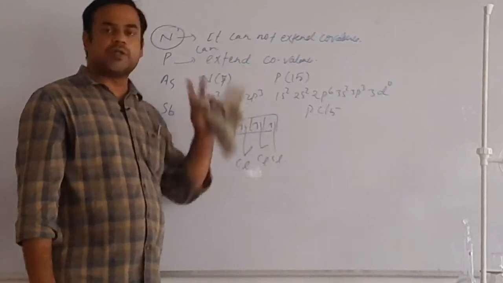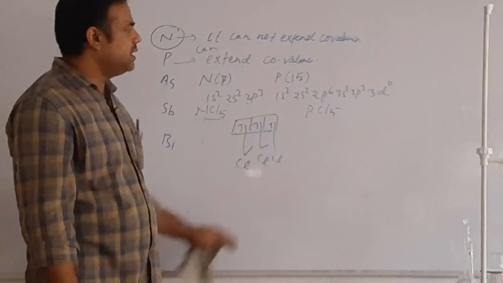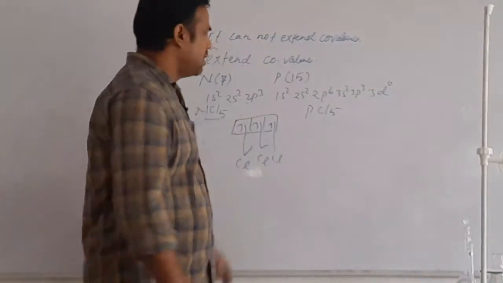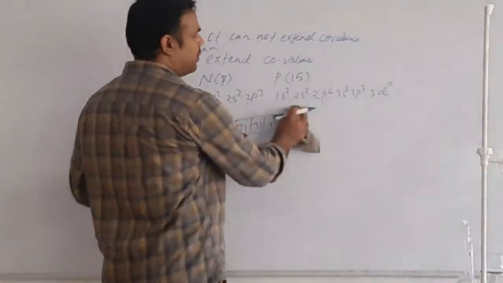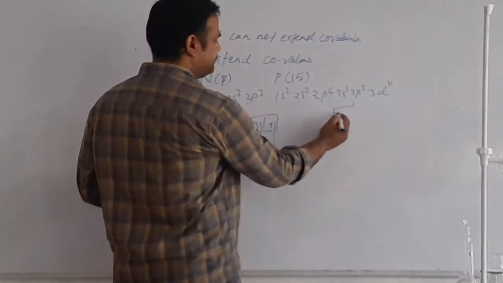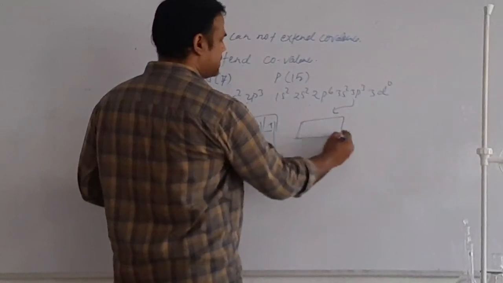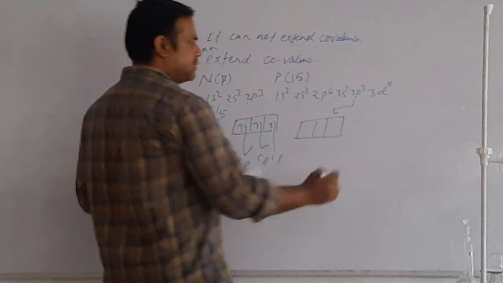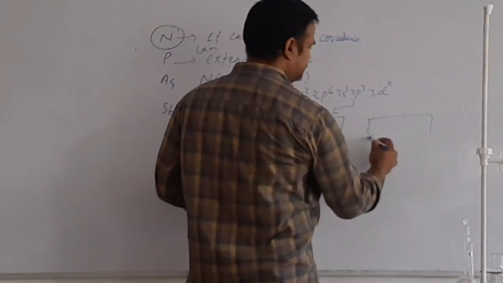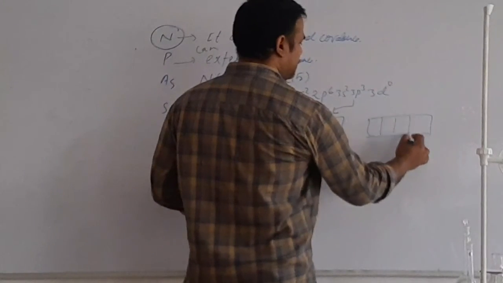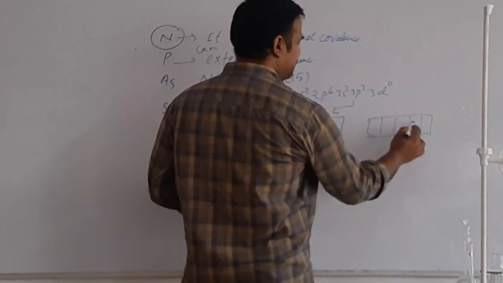But as far as phosphorus is concerned, a vacant d orbital is there, so it can extend its covalency. If we draw the block diagram, you can see here this one is the p subshell of phosphorus and this is the d subshell. 1 2 3 4, 1 2 3 4 5.